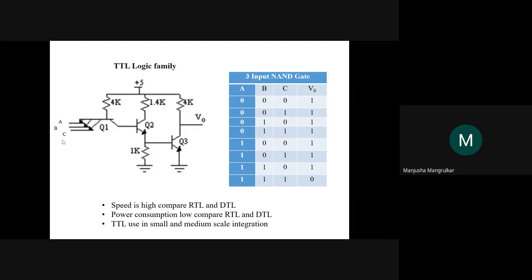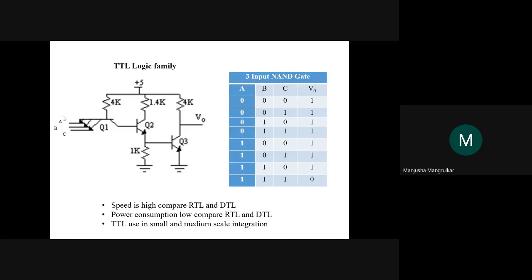If any one of the inputs is 0, this transistor is in the cutoff region. So if any one of the inputs is 0, the base of Q2 is 0. This is the cutoff region, and the output is directly connected to VCC.